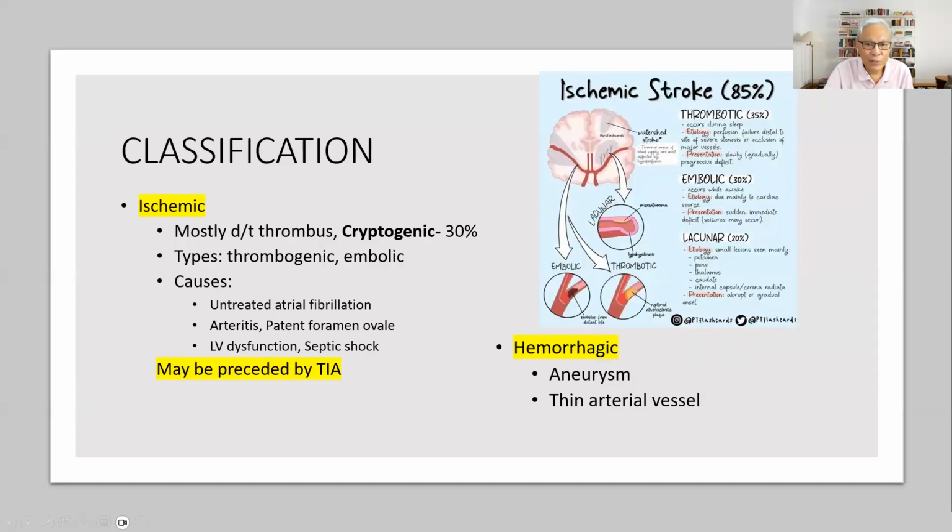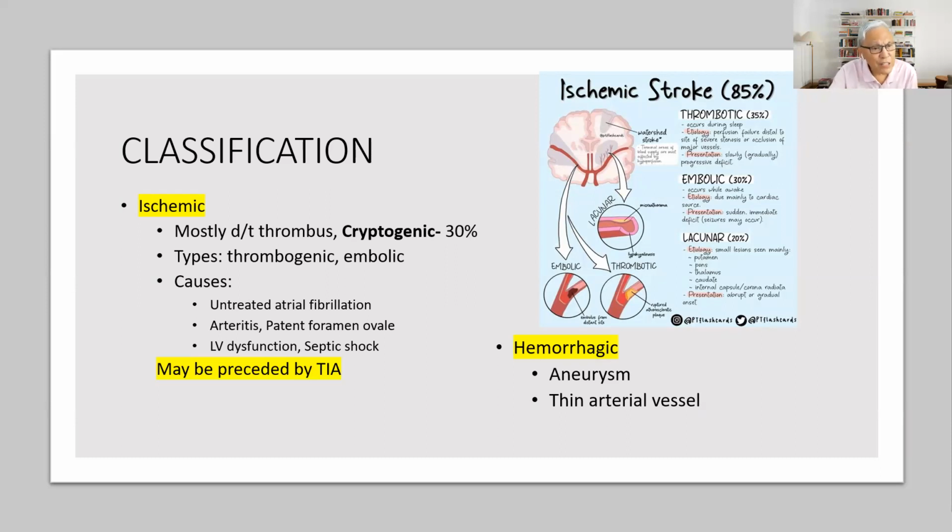There are two kinds of stroke, basically. One is called ischemic stroke, and the other is hemorrhagic stroke. Both of them result in depletion of oxygen-rich blood going into areas of the brain.